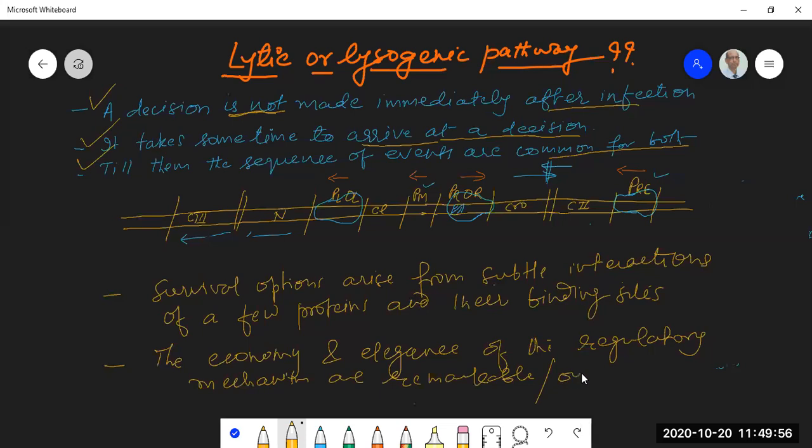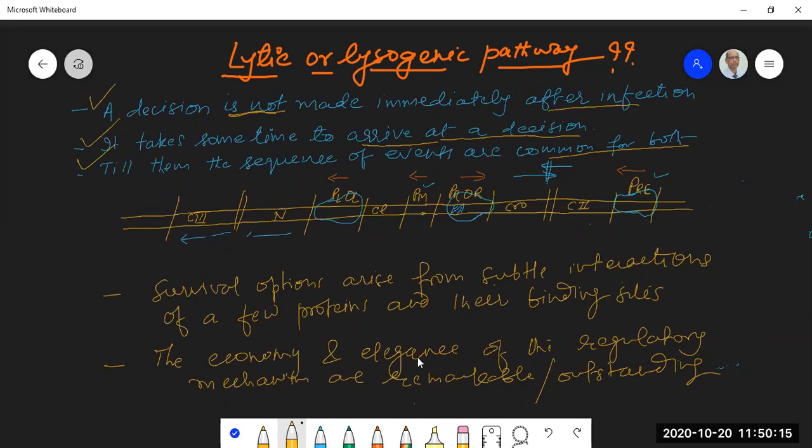You can say outstanding. So in a small organism like Bacteriophage lambda, with the help of only a few genes, it can very easily, very efficiently shuttle between these two survival options, lytic pathway and lysogenic pathway.